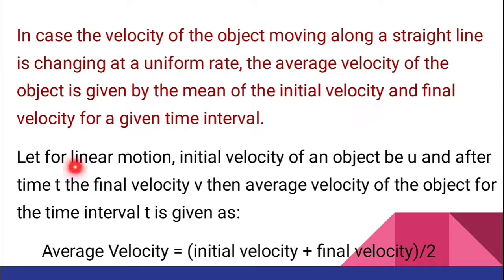For example, for linear motion, meaning when the object is traveling along a straight line, suppose its initial velocity is u and after time t its final velocity becomes v. Then the average velocity for time interval t is given as (u + v) divided by 2.